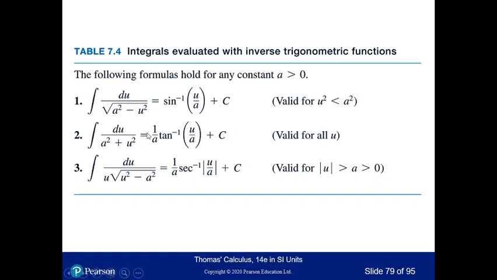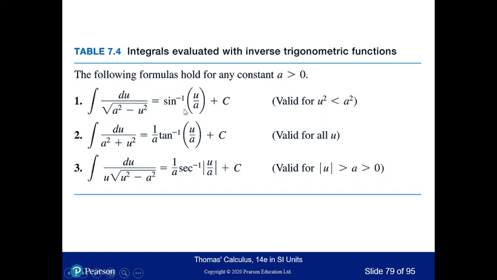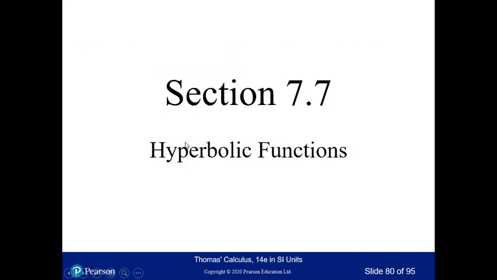I should say the derivative of arctangent was 1 over a squared plus u squared, then the integral of 1 over a squared plus u squared is 1 over a arctangent u over a plus c. Okay, I just want you to know 1 to 4. Actually, you just need to know the first 2. First 2 is fine.